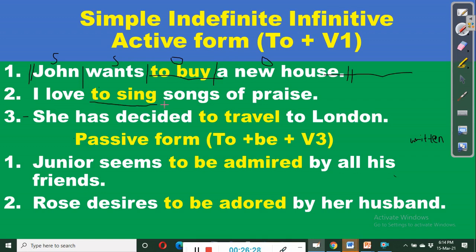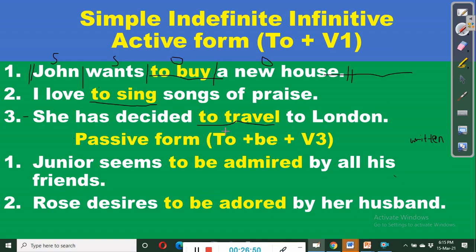So that's quite correct. To sing is the active simple indefinite infinitive here. I love to sing songs of praise. Then sentence number 3, she has decided to travel to London. Now the infinitive here is to travel.